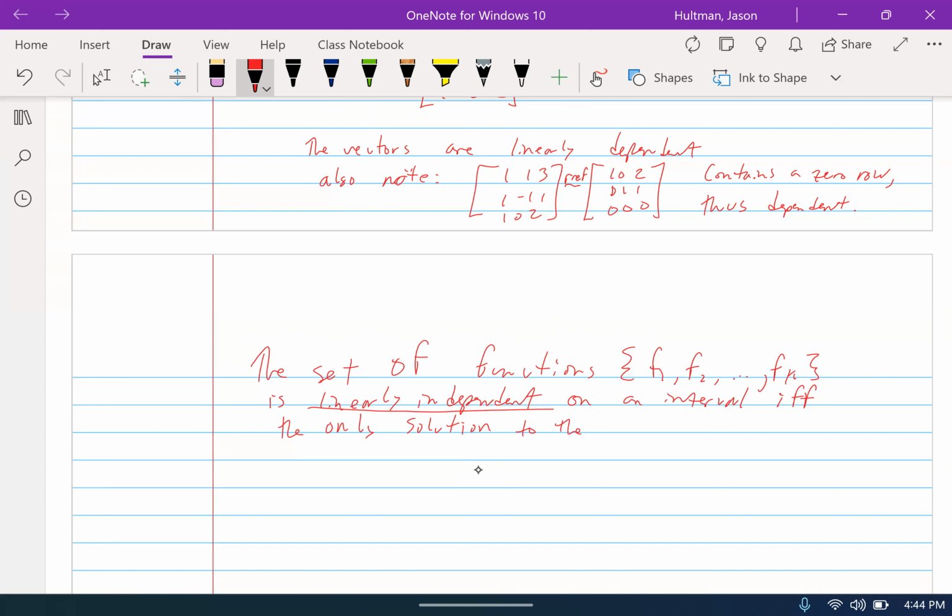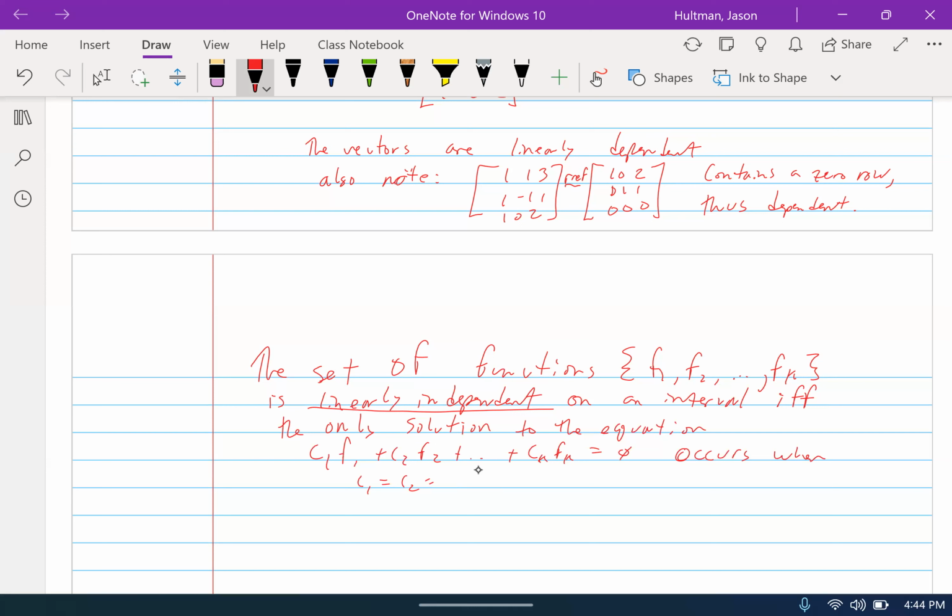Okay, if the only solution to the equation C1 F1 plus C2 F2 plus dot dot dot plus CK FK equals 0 occurs when C1 equals C2 equals the trivial case.